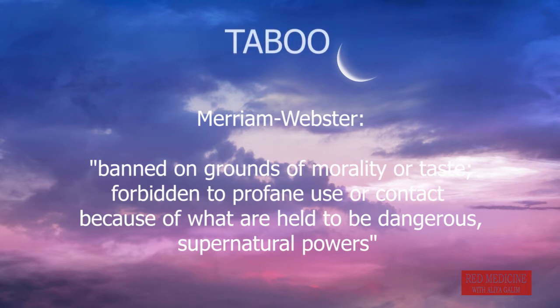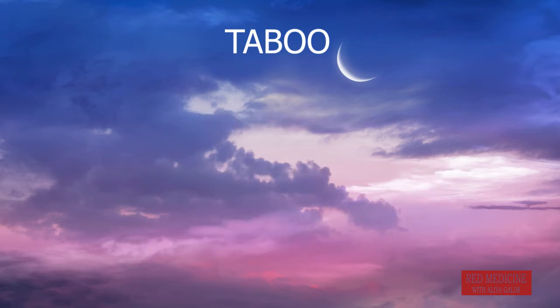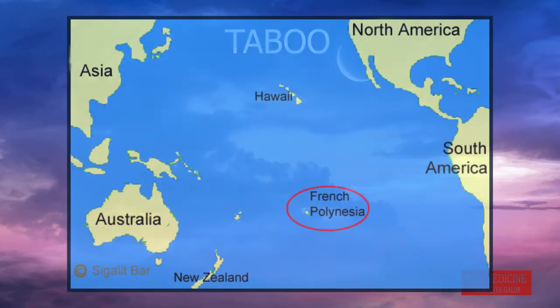This is also very interesting. The definition of the word taboo, according to the Merriam-Webster dictionary, means banned on grounds of morality or taste, forbidden to profane use or contact because of what are held to be dangerous, supernatural powers. Now, the word itself actually comes from Polynesian origin.